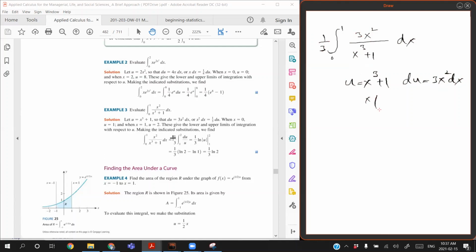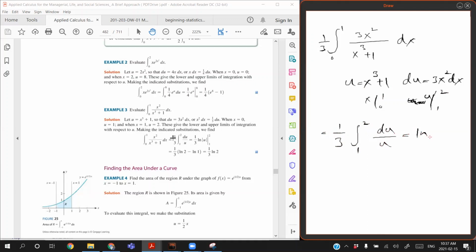And x changes from 0 to 1. What would happen to u? When I plug in 0 into this, I get 1. If I plug in 1 into this, I get 2. So it's going to be 1 over 3 integral from 1 to 2 of du over u.